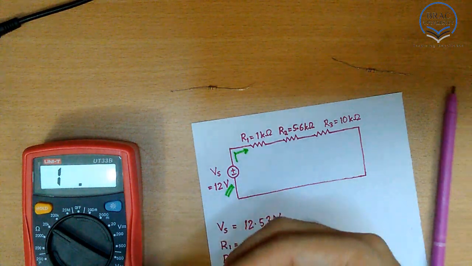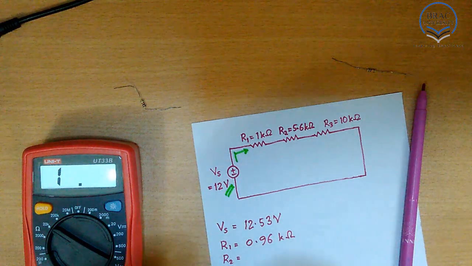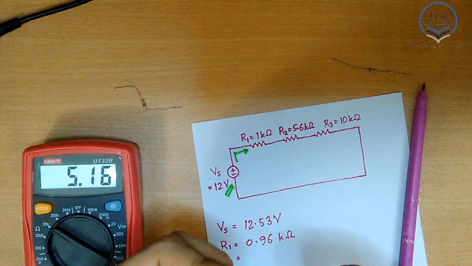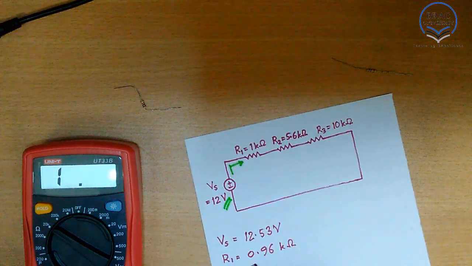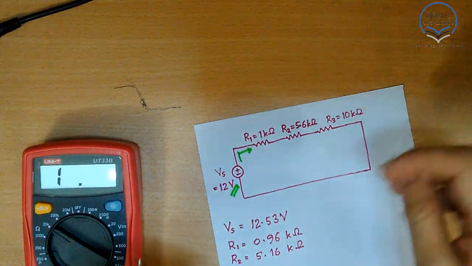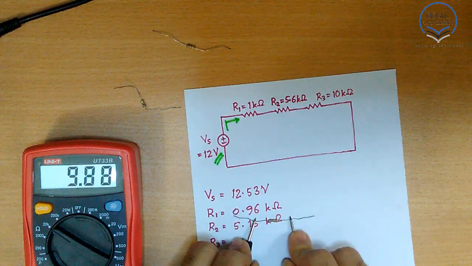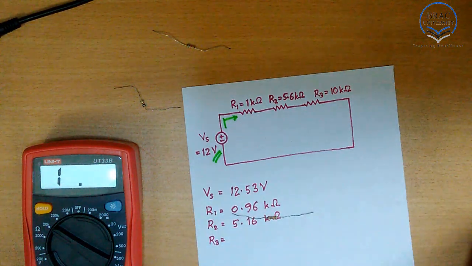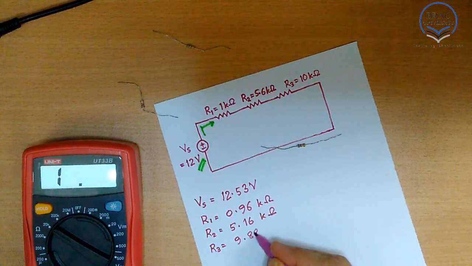For the second resistance, the theoretical value is 5.6 and the actual value is 5.16. So we are going to write this value down. And for the 10 kilo ohm resistor, we get 9.88 kilo ohm. So R3 is 9.88 kilo ohm.